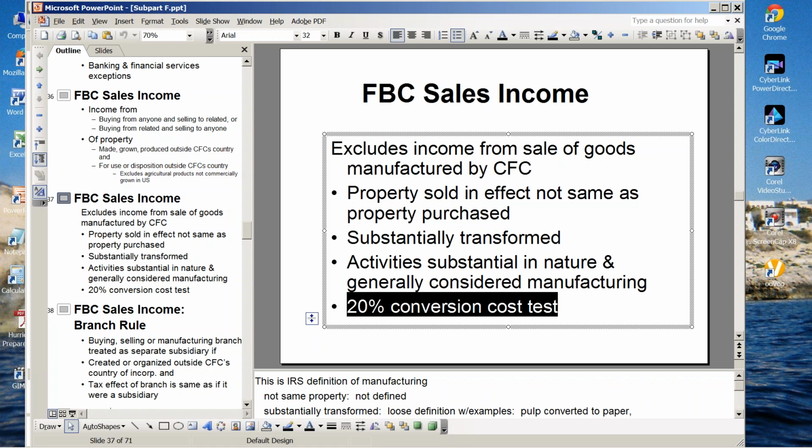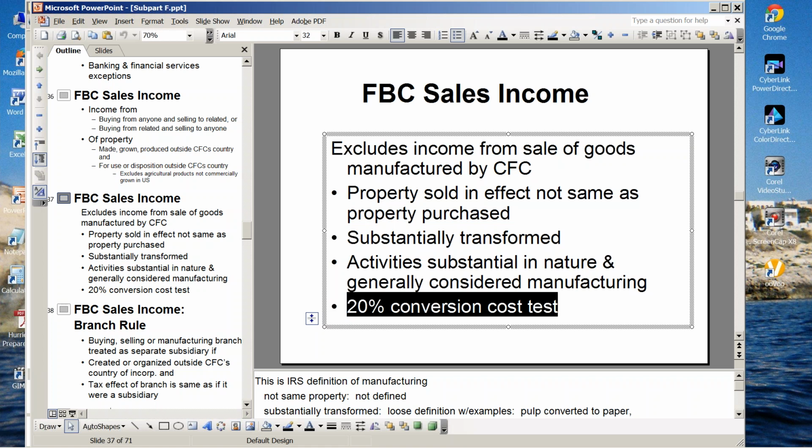It says if certain costs of converting property exceed 20% of the total costs or total basis of that property, then the property is considered to have been manufactured by the CFC and not foreign-based company sales income.